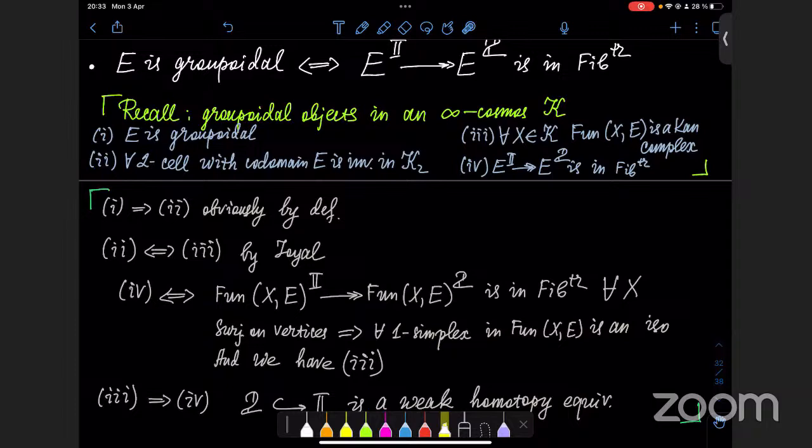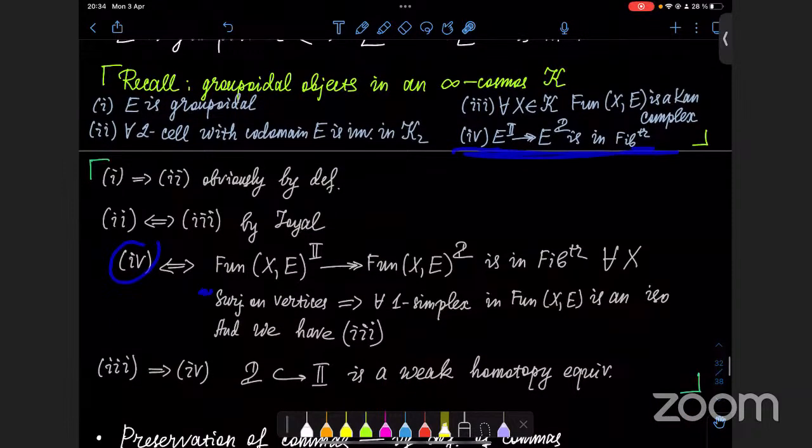The equivalence between the second one and the third one is a theorem by Joyal: 2-cells are invertible if and only if this hom object is a Kan complex. So condition number 4 is equivalent to saying that this map is a trivial fibration for any X.